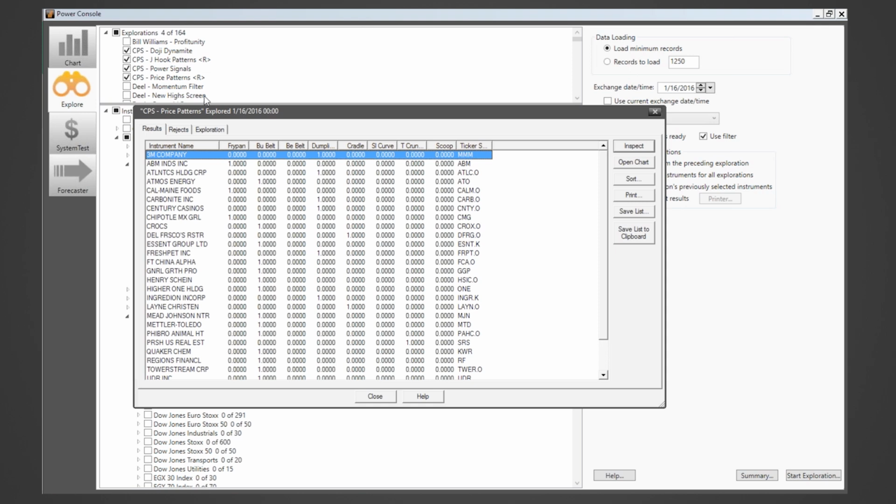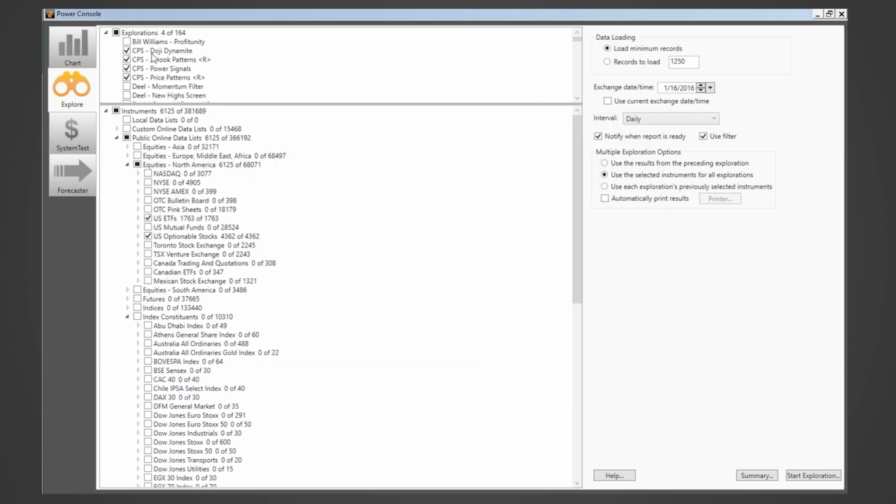What is the Doji Dynamite pattern? Tim, that's a good question that I'm not prepared to answer. It's not one of the ones that I use too much. We could go in, and I think I will do this for you after I get done showing the scan reports, and we can find a Doji Dynamite possibly. Oh, the Doji Dynamite is what we called, sorry, I do know.